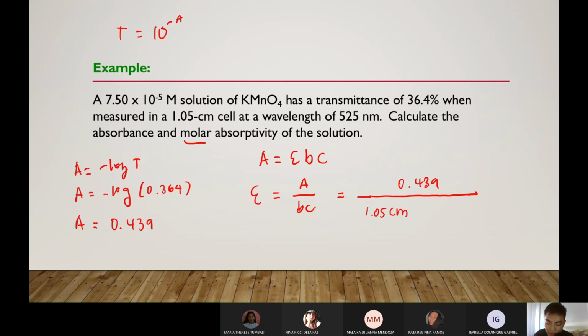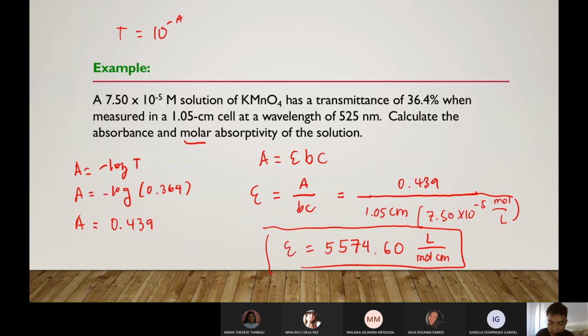And then we have the concentration of the solution, 7.50 times 10 raised to negative 5 mole per liter. Okay. So, epsilon is now what? No. So, divide lang natin. Multiply, divide. 0.439 over 1.5 times 7.5 times 10 raised to negative 5. So, our epsilon will be 5,573.33 liter per mole centimeter.